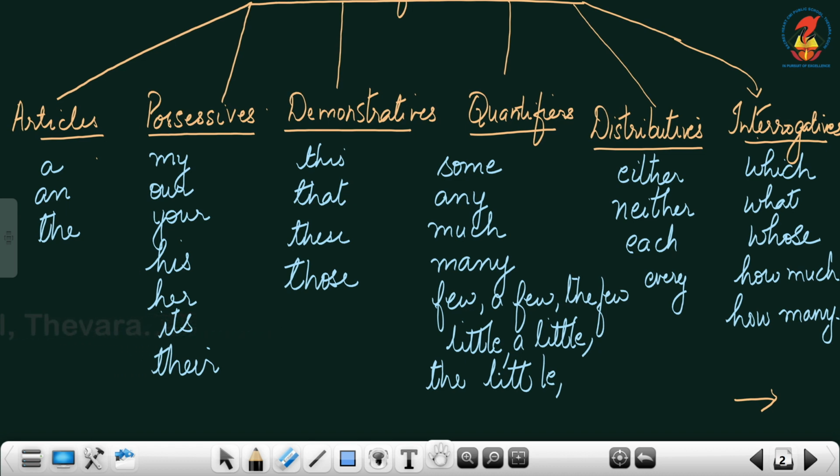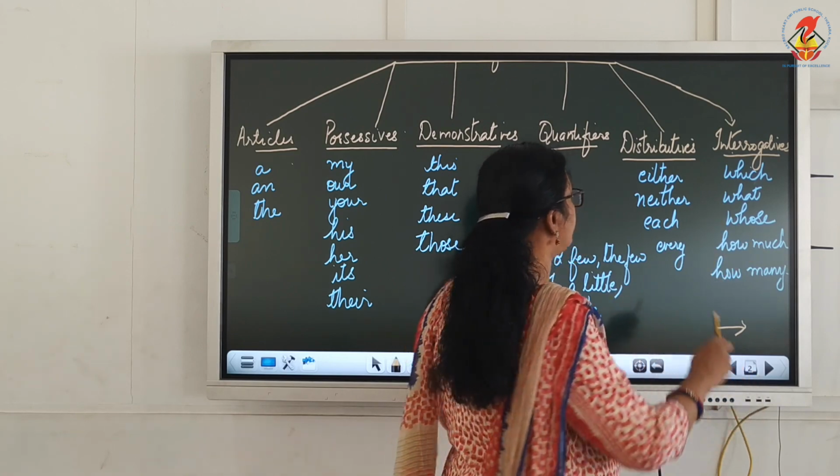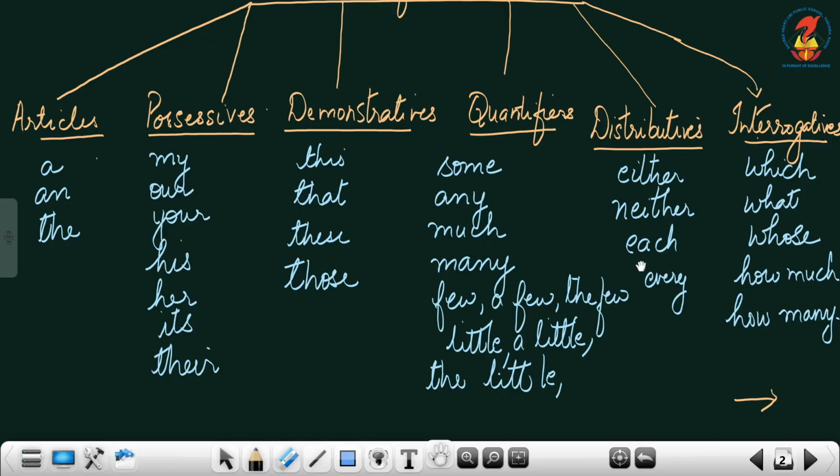Then you have got distributives, like distributing: either, neither, each, and every. As the word suggests, you are distributing it, each and every. Then interrogatives. As the word suggests, interrogative is nothing but asking of questions: which, what, whose, how many, how much.